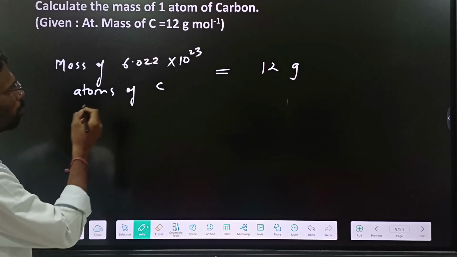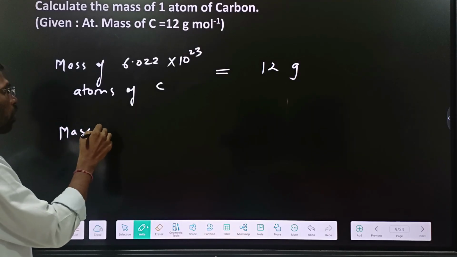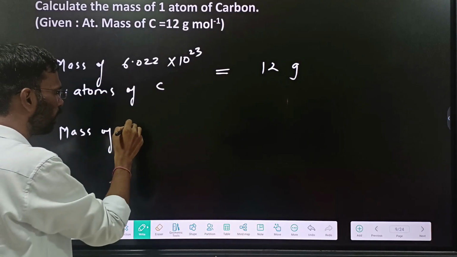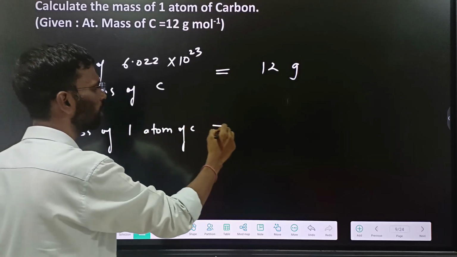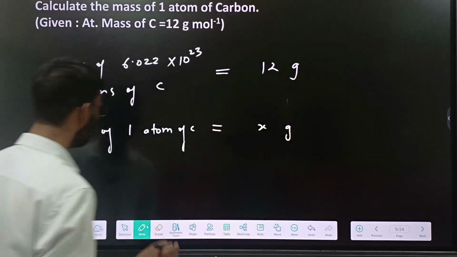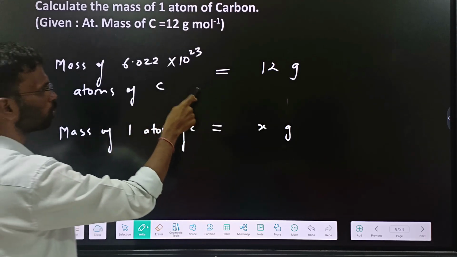Then what is the mass of one atom of carbon? So I will write mass of 1 atom of carbon is equal to x gram. So what is this x equal to? I'll do the cross multiplication again.